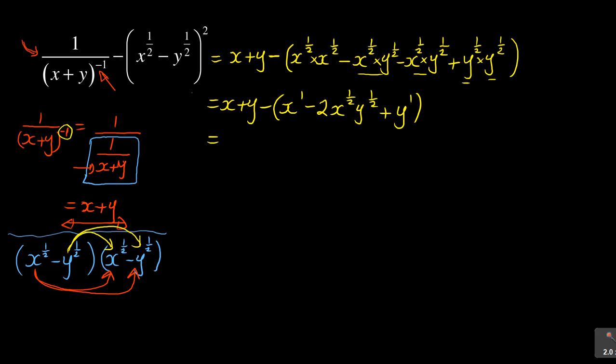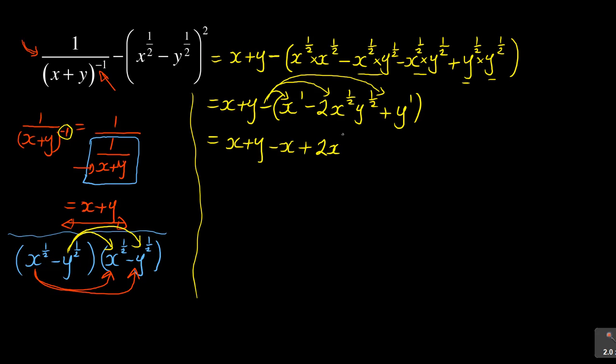This is equal to x plus y. Now I need to open up this negative, so the negative will affect each and every term, changing the signs. If x was positive, now it's negative x. From the negative, it will be positive 2 x to the power half y to the power of half. Now it's minus y in this case, and then bring all the like terms together.